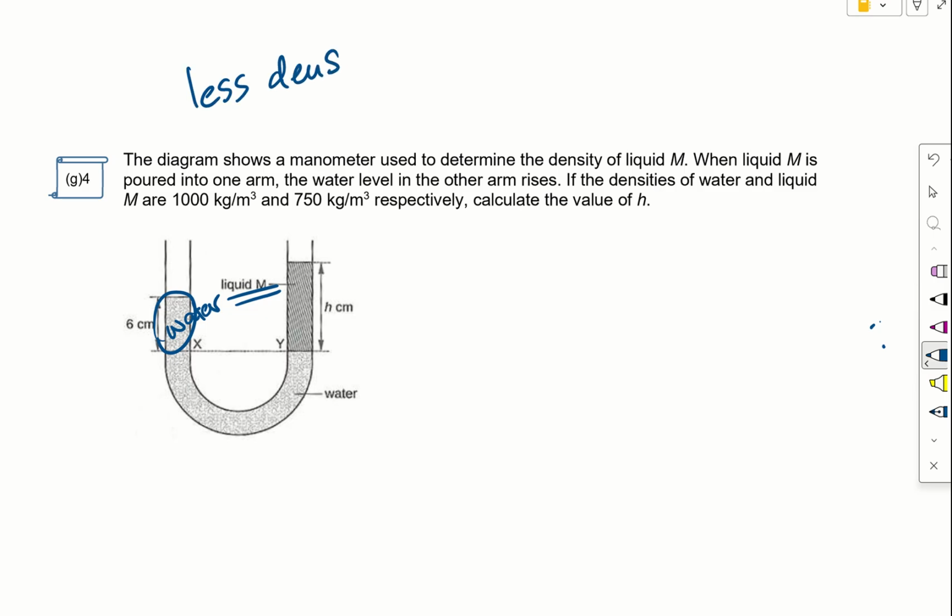Indeed, if the density of water and liquid M are 1000 and 750 respectively, you can see that liquid M is actually less dense.